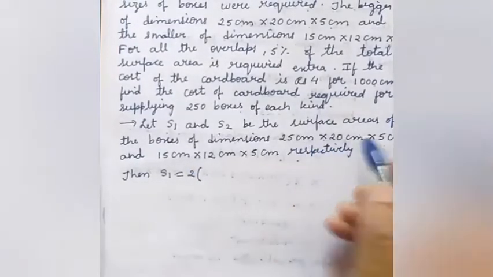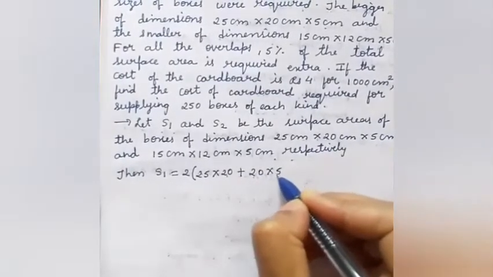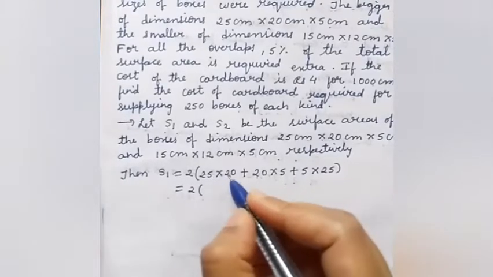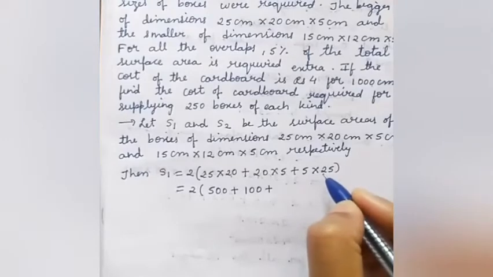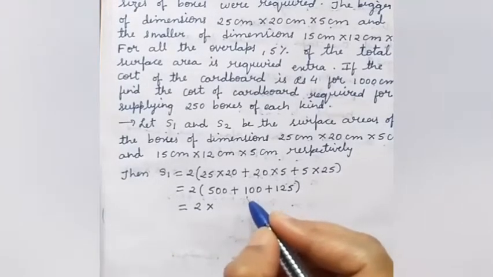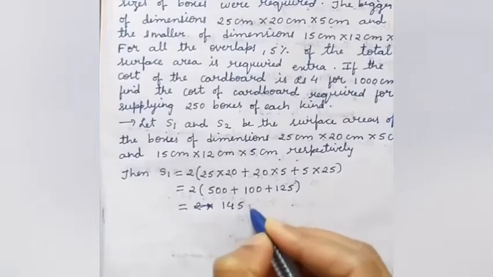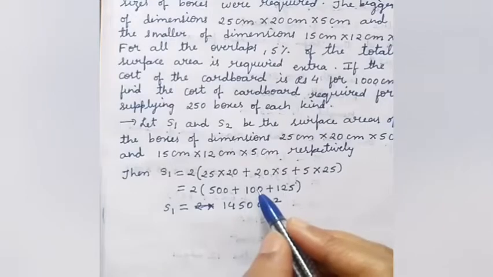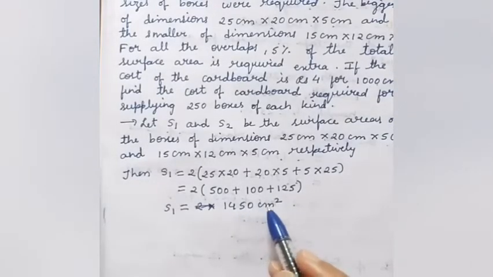So for the bigger box, 2 times of 25 into 20 plus 20 into 5 plus 5 into 25. 25 into 20 is 500, plus 20 into 5 is 100, plus 5 into 25 is 125. 500 plus 100 is 600, 600 plus 125 is 725, and 725 into 2 is equal to 1450 centimeter square. So we are getting S1 equal to 1450 centimeter square.